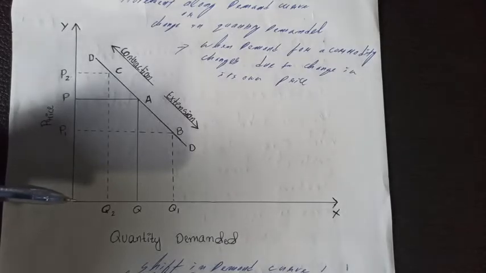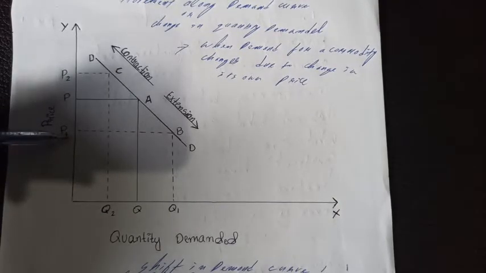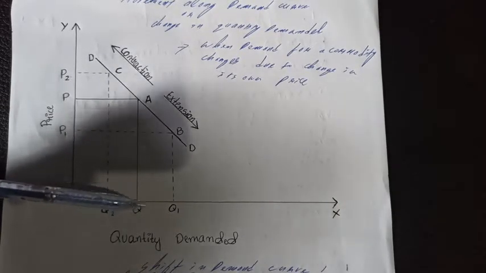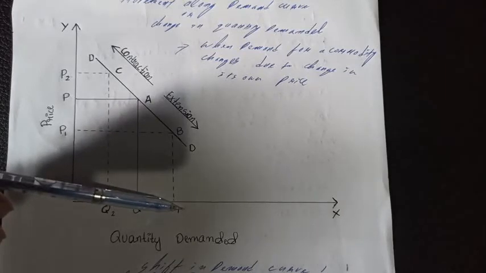I repeat again: original price is P, original quantity demanded is AQ or OQ. When price falls from P to P1, quantity demanded increases from Q to Q1. That we call expansion or extension of demand.